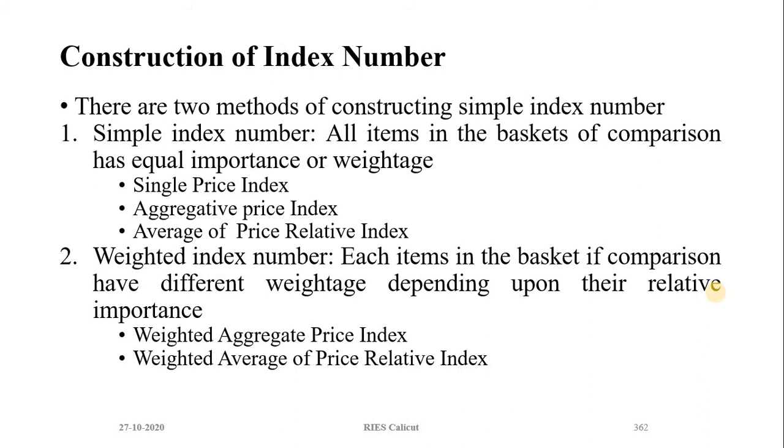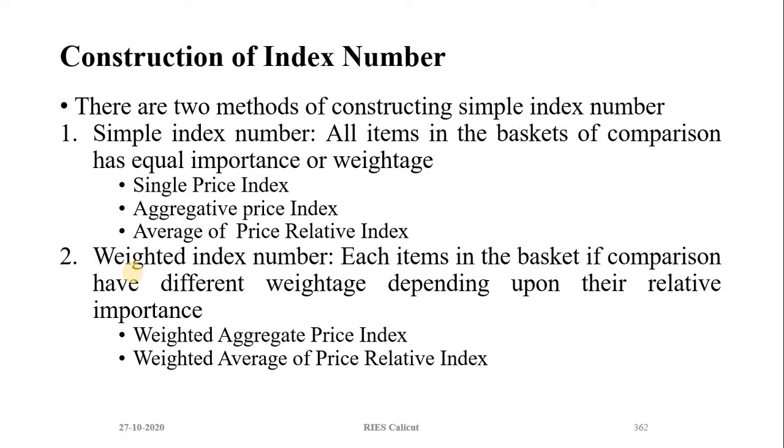Now, how can we construct an index number? Broadly there are two different methods to construct an index number. The first method is the simple index number, and the second one is the weighted index number.